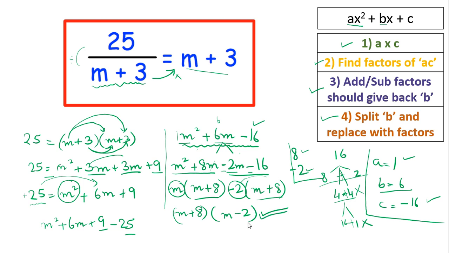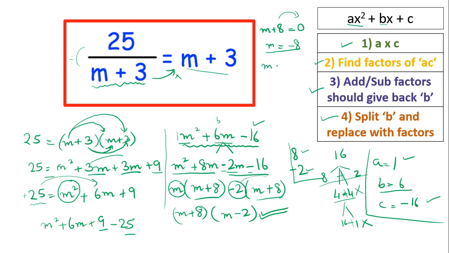Now if I have to figure out the values of m, then you're going to take each factor and you're going to equate it to 0. So m plus 8 is equal to 0. And if I want to find my m, I'm going to take my 8 to the other side. So m is equal to, when positive 8 goes to the other side, it turns into negative 8. So my m is equal to negative 8.